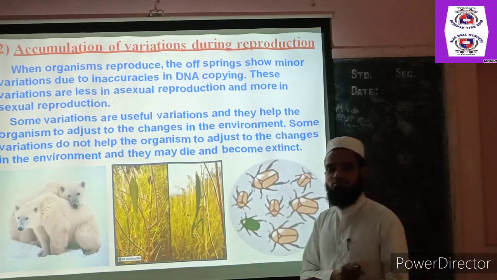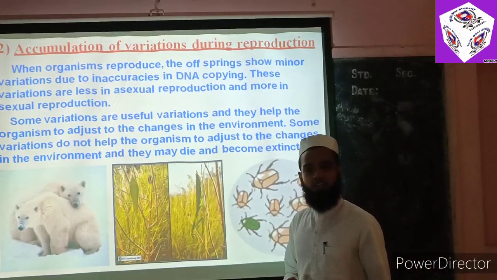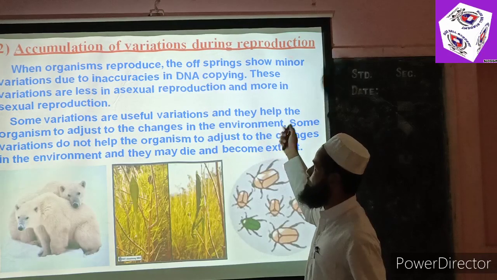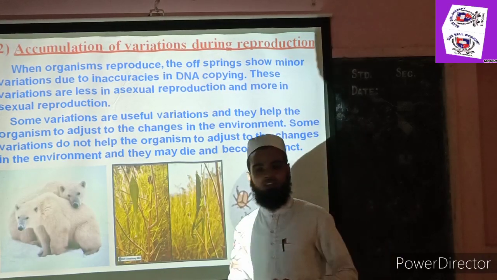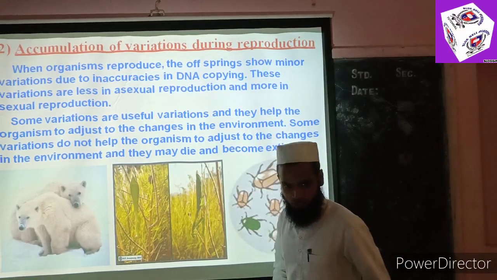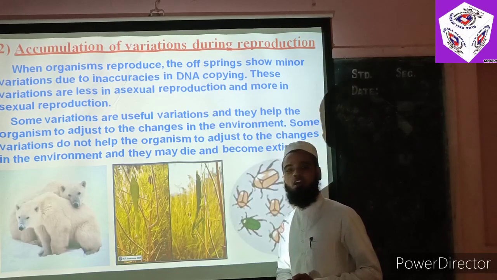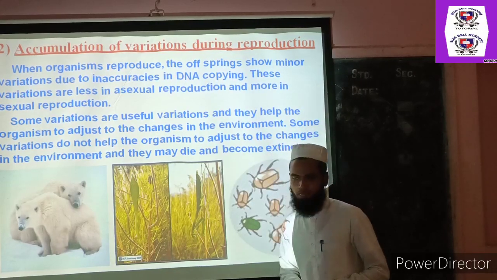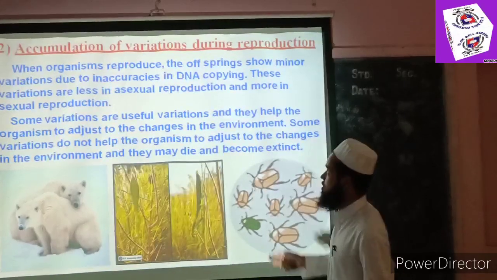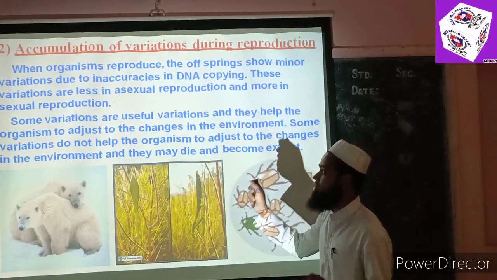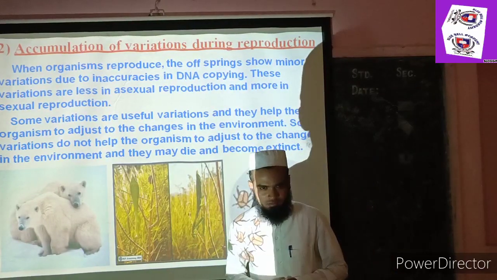This variation arises mainly because of reproduction. And you know that we have two types of reproduction, sexual and asexual reproduction. In asexual reproduction, we are not going to find much variation.